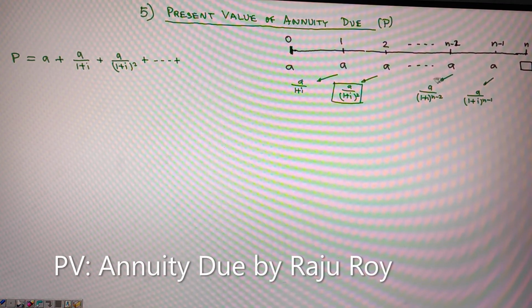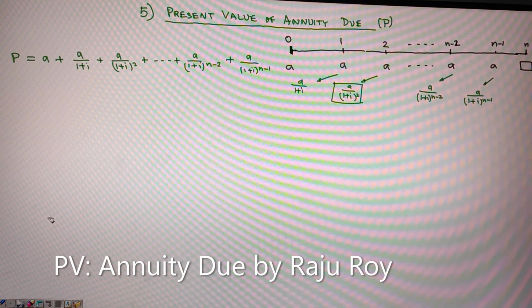At the beginning of the (n-1)th year, in order to get A you have to pay A by (1 plus i) raised to the power n minus 2, right? And to get amount A at the beginning of the nth year, it will be A by (1 plus i) raised to the power n minus 1. Hope it is clear to you.